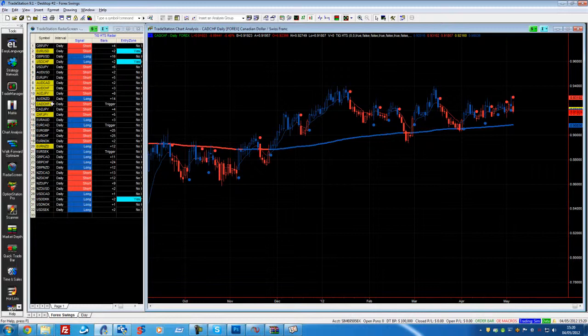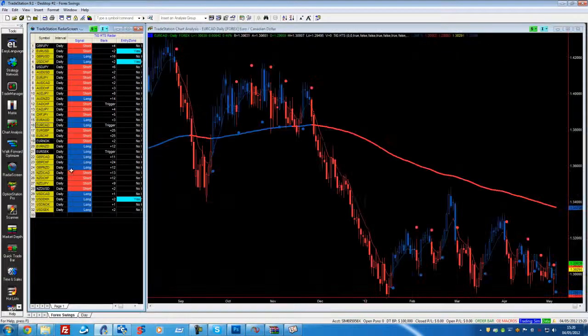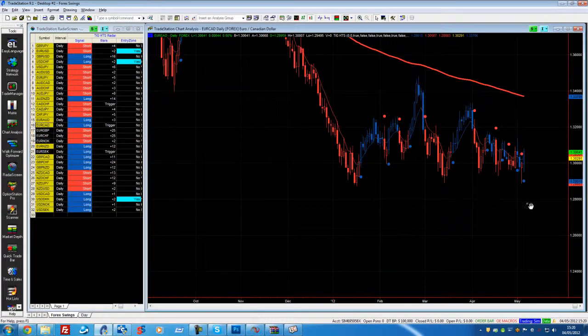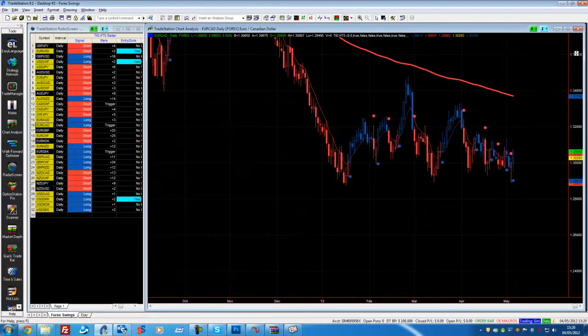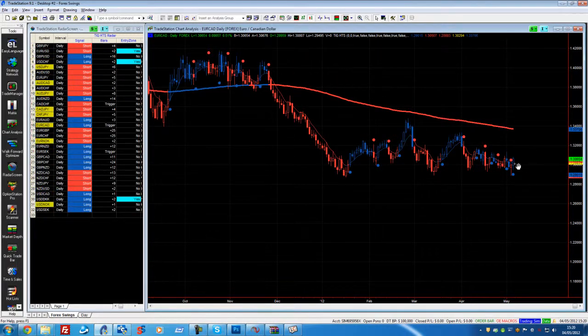A CAD CHF. It looks like people are trying to short the market here. We've got another trigger here, which is the Euro CAD. And here we've got a blue trigger bar. So again, this is something we would wait for the bar to close, and we'd wait for entry zone, which is when the bars go cyan.